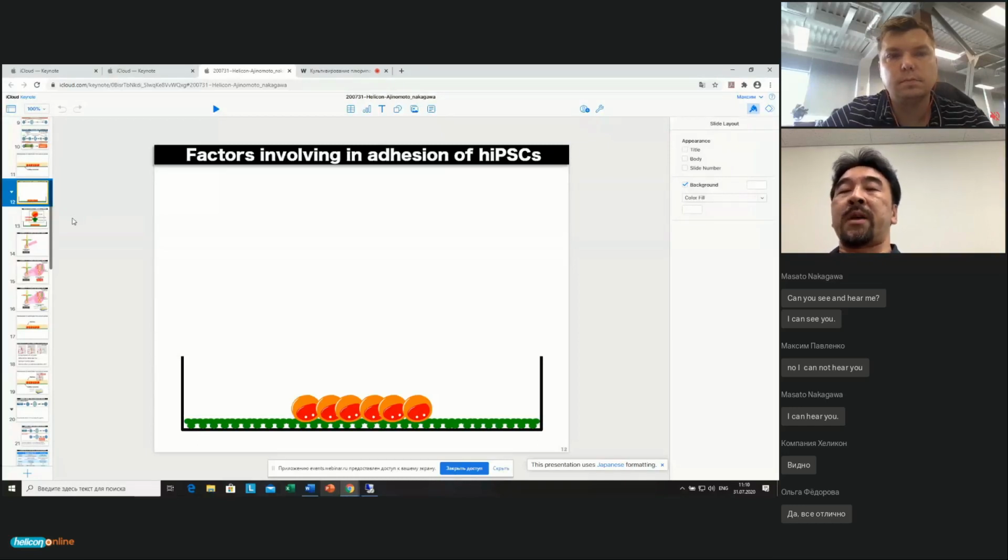This is an image of the feeder-free culture system. Before developing this, we have to understand how iPS cells or ES cells bind to the extracellular matrix.